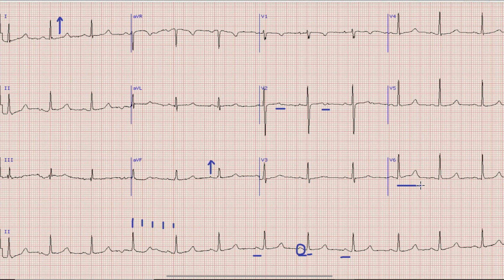Prolonged QT interval can lead to fatal arrhythmia. So we must find out the underlying cause for the prolonged QT interval, and if it is treatable, we should treat it to avoid any arrhythmia. As you know, there are multiple reasons for a prolonged QT interval, which include congenital long QT syndrome.